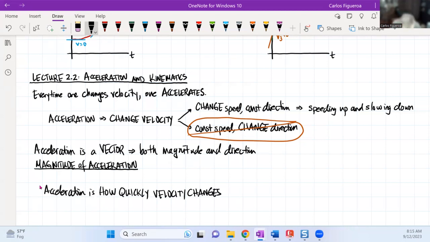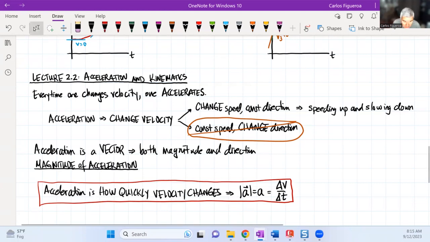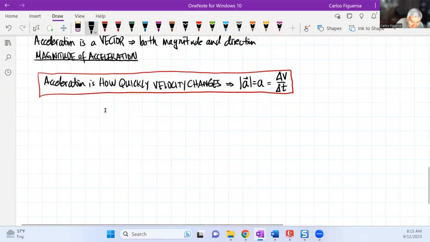And the way we write this is we then say that the magnitude of the acceleration, we typically write as A, and this is the rate at which velocity changes. This is the definition of acceleration right here. So now my job is to physically interpret this so that it makes sense when you look at this.